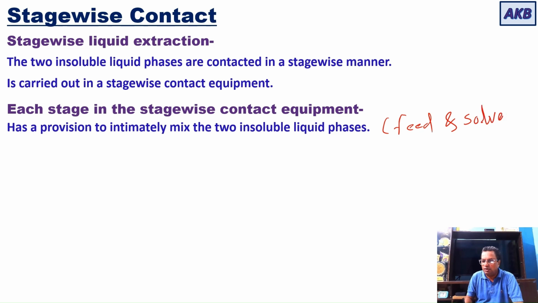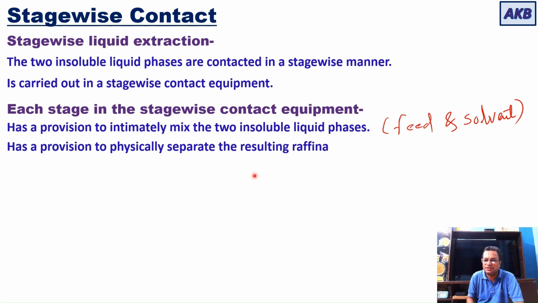So, in all stage-wise equipment that are used for carrying out stage-wise liquid extraction, there are a number of stages, and each stage has a provision to intimately mix the two insoluble liquid phases, feed and solvent. The stage also has a provision to physically separate the resulting raffinate and extract phases.